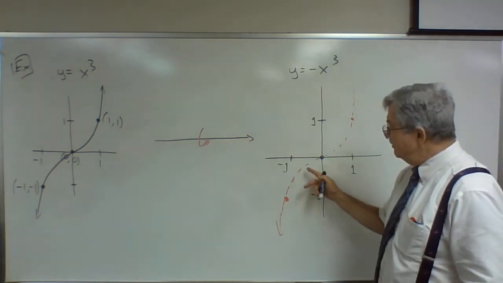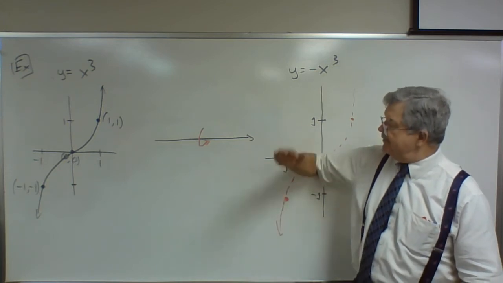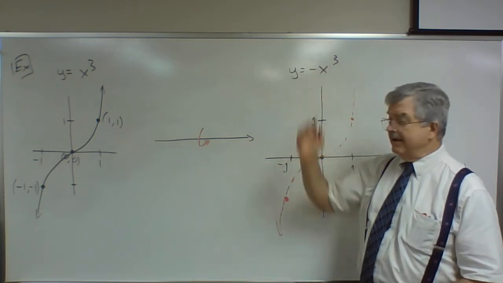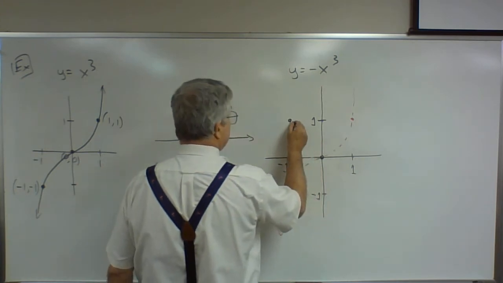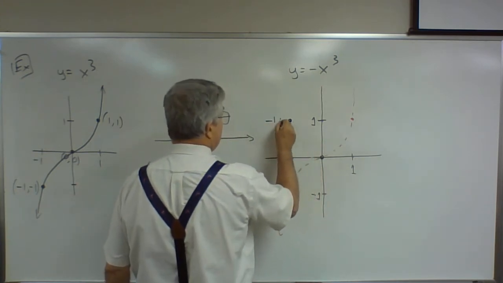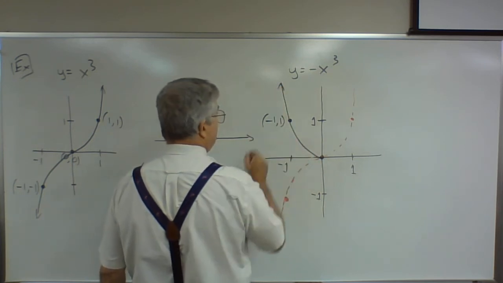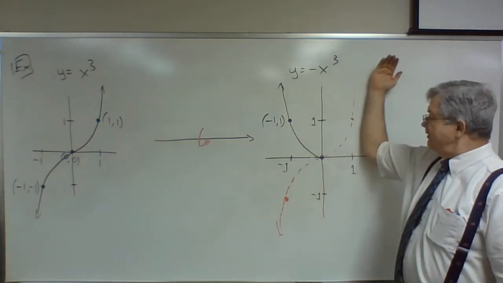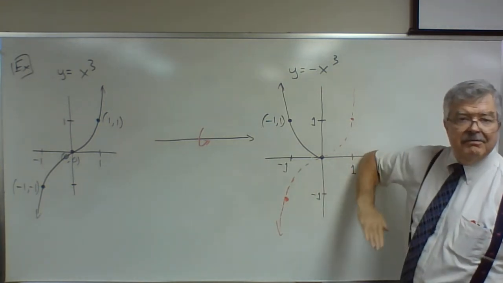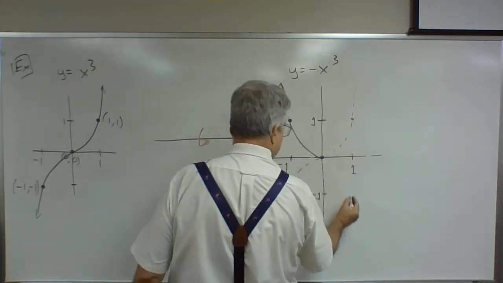This part that's below the x-axis is going to be revolved above the x-axis like this. And this part that's above the x-axis is going to be revolved below the x-axis, like this.